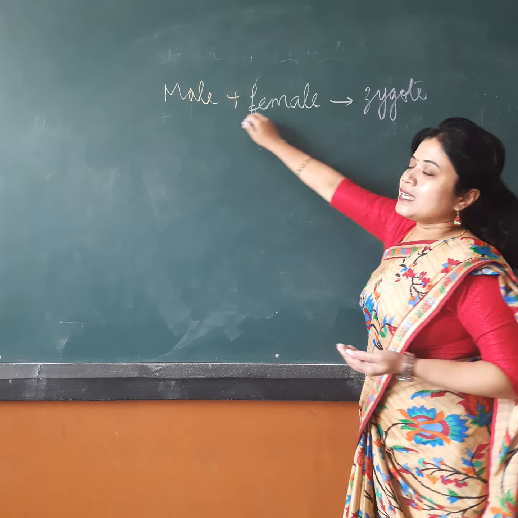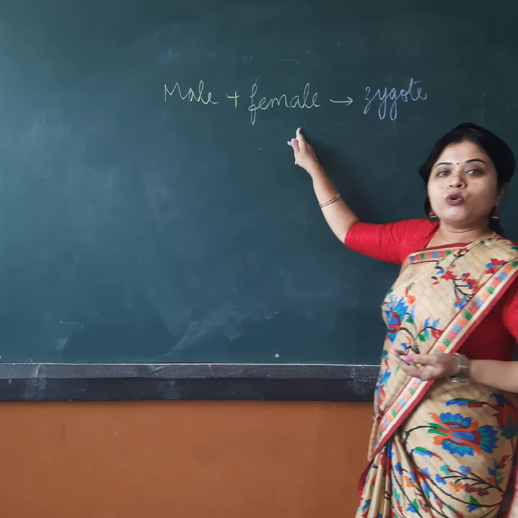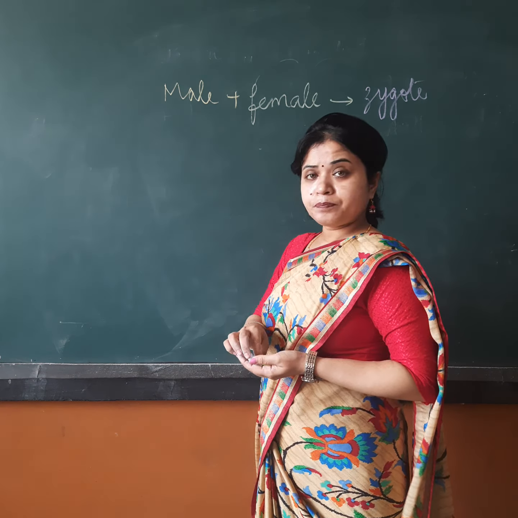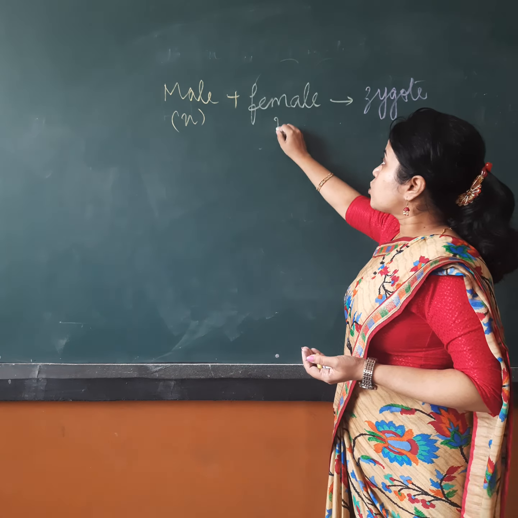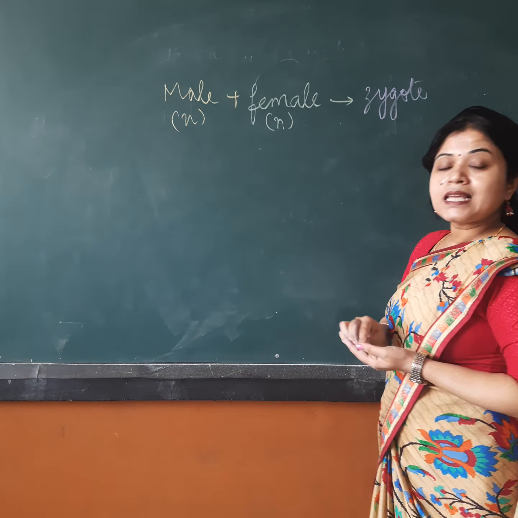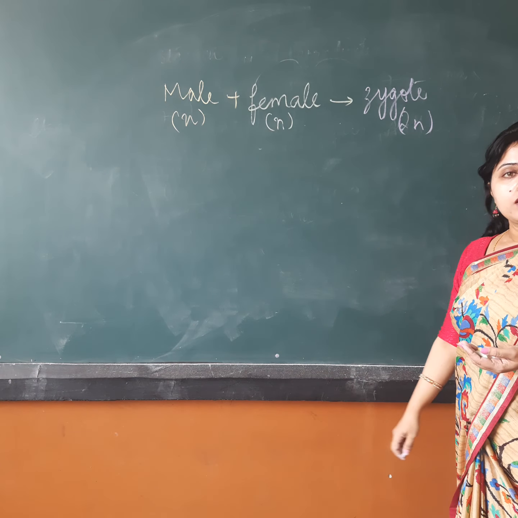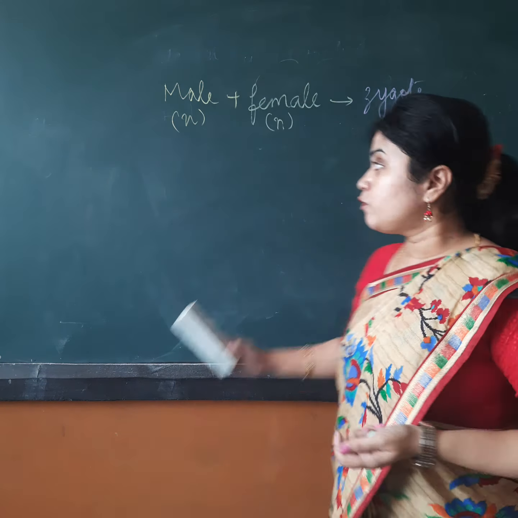That is the basic concept. The male gamete is haploid, the female gamete is also haploid, but the zygote is diploid. Clear?